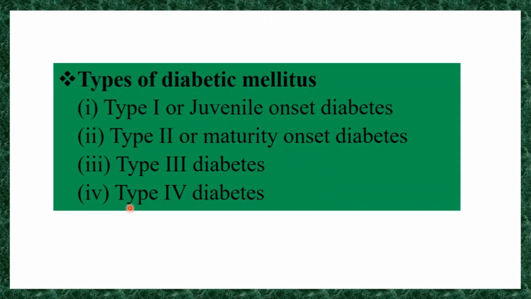So this is all about the types of diabetes mellitus: type 1 juvenile onset diabetes, then type 2 maturity onset diabetes, then type 3 diabetes, and type 4 diabetes.